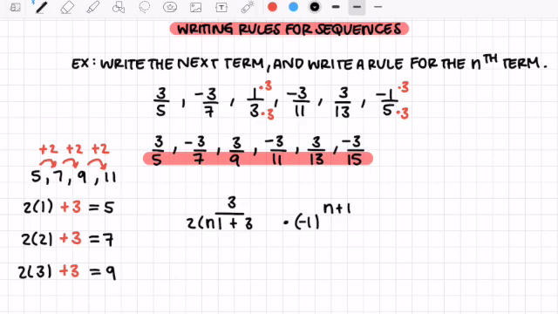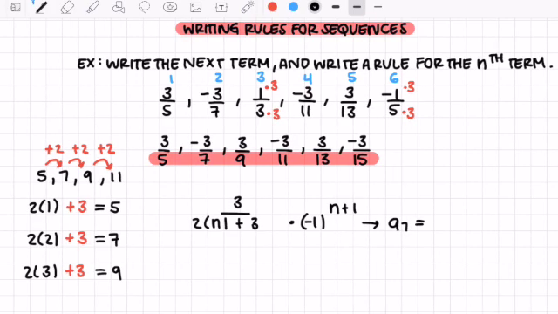Last part, just finding the extra term. So we have 1, 2, 3, 4, 5, 6 terms. We're looking for our 7th one. So for the 7th term, we would get 3 over 2 times 7 plus 3 times negative 1 to the power of 7 plus 1.